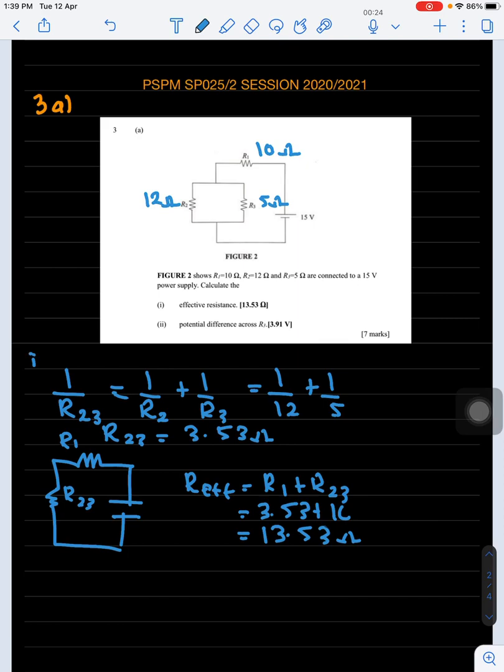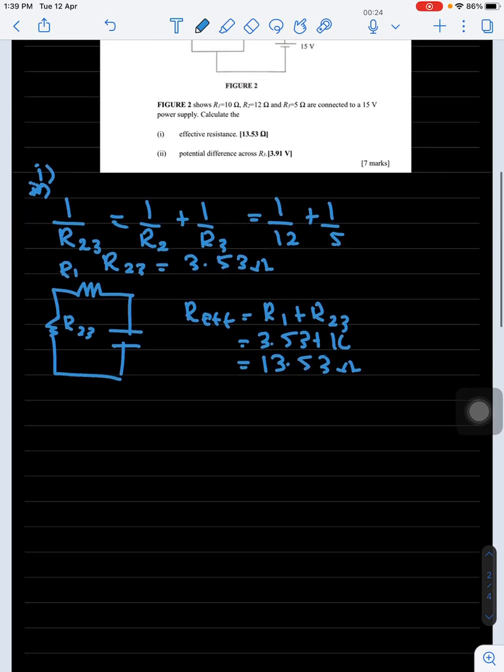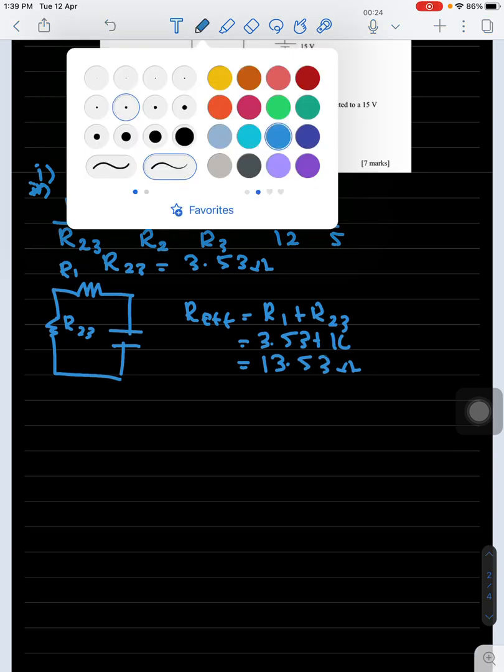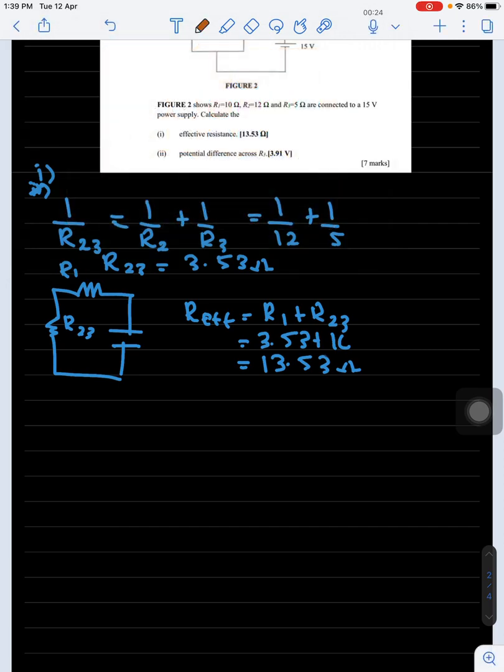For the second question, we have to find the potential difference across R3. Okay, so the tip for doing this kind of question, first of all, we make a small table, series and parallel.